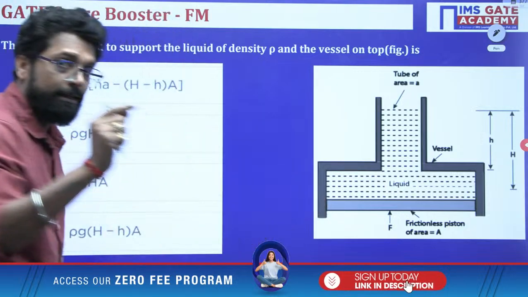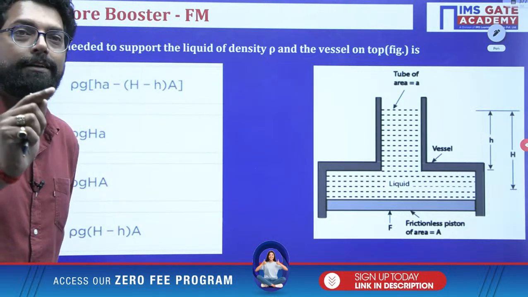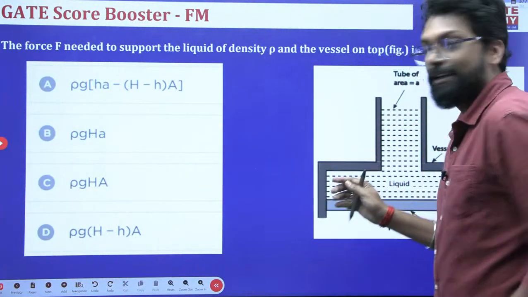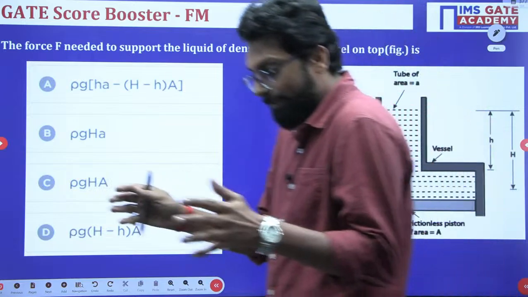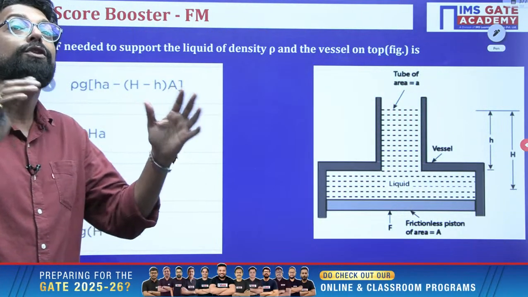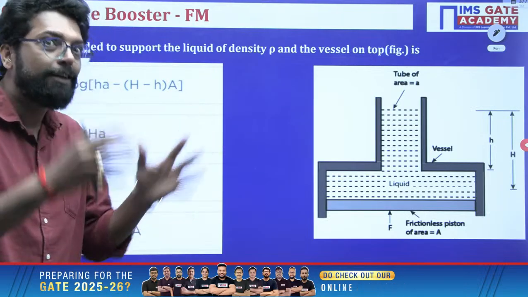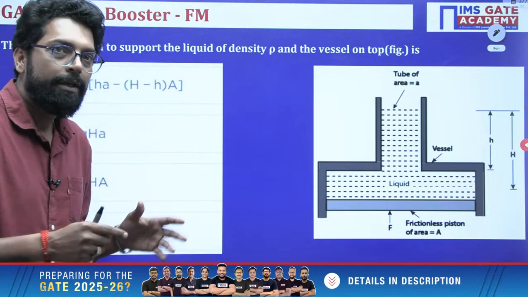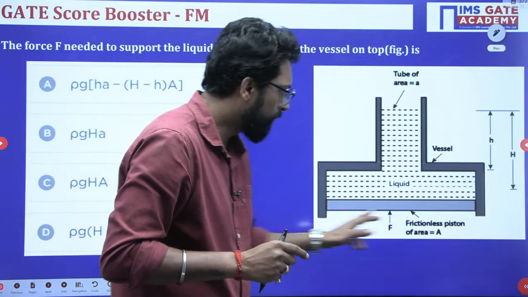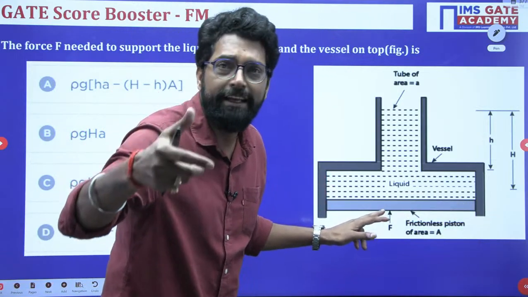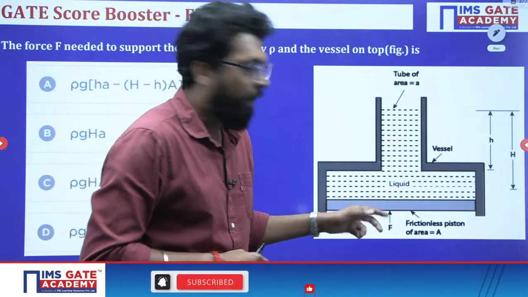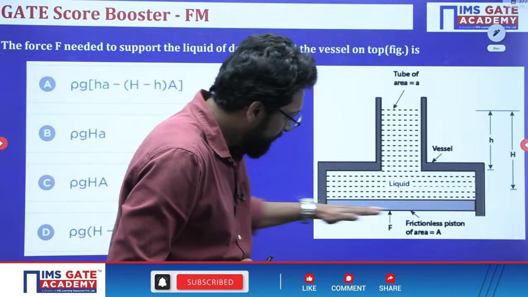This is a very simple question, but there is one confusion. Students who are moderate solve it and get correct marks, but students who are very intelligent get confused. Why? Because this is the platform, and generally the fluid is present on this platform.